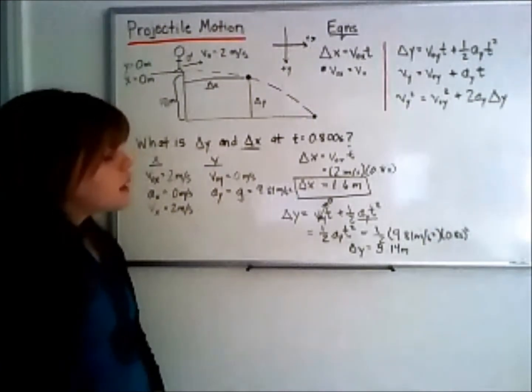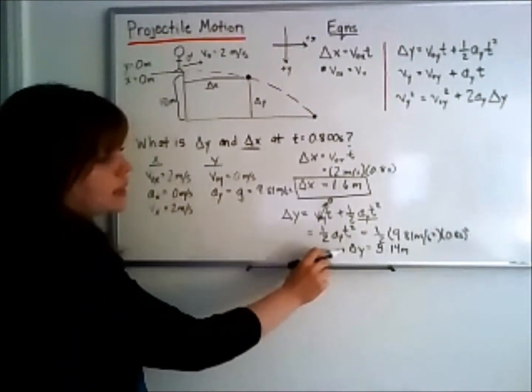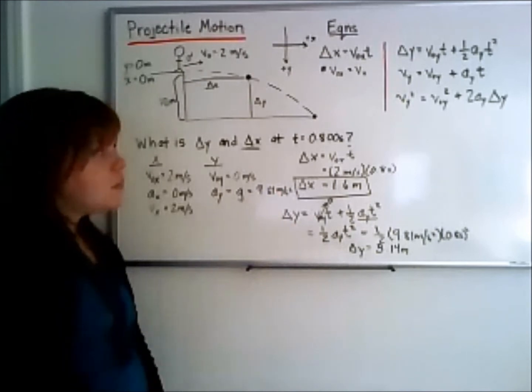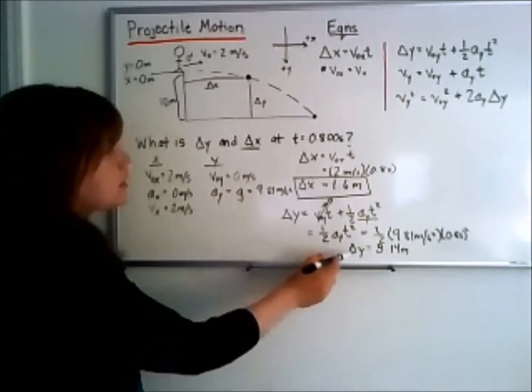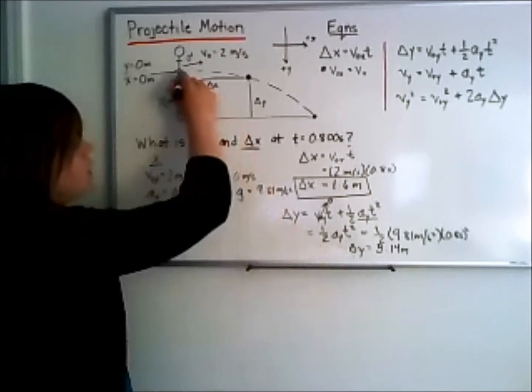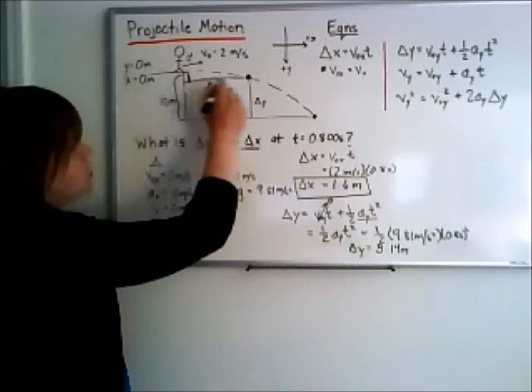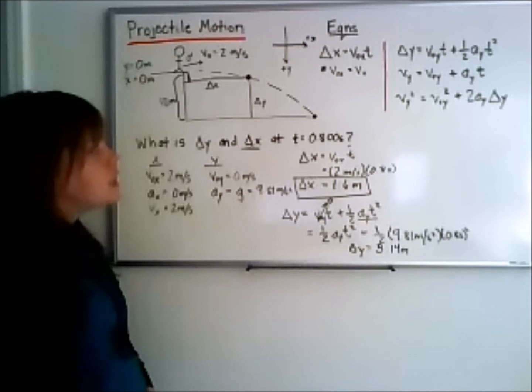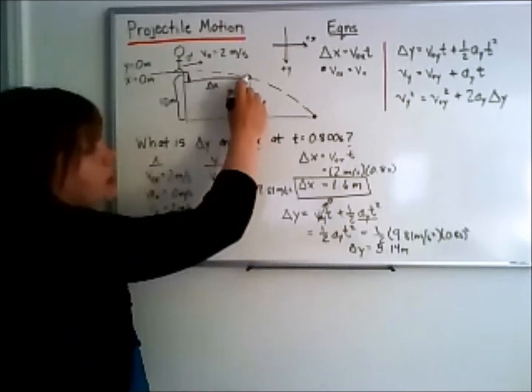Now we have to be careful once we get that. Unlike when we found delta x, the 1.6, and that being our final answer, this delta y that we found here is actually the distance traveled, so from his starting point to the height. We are interested in how high above the water he is.